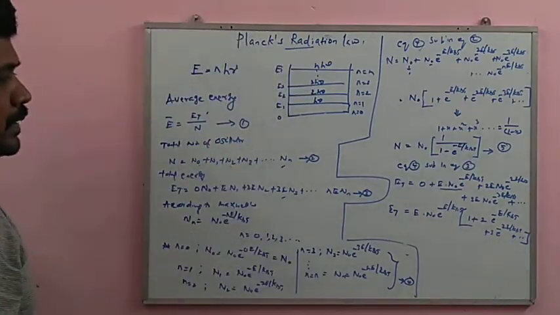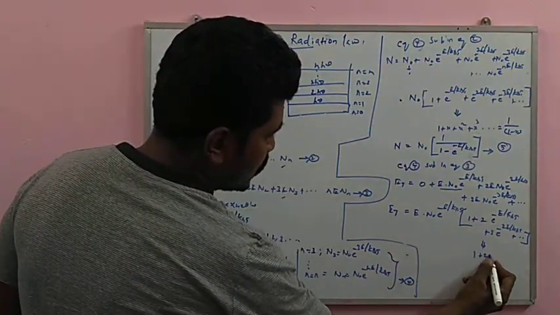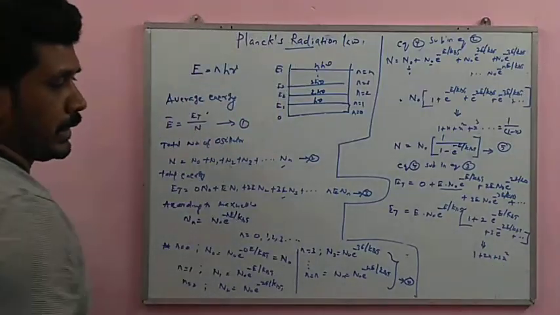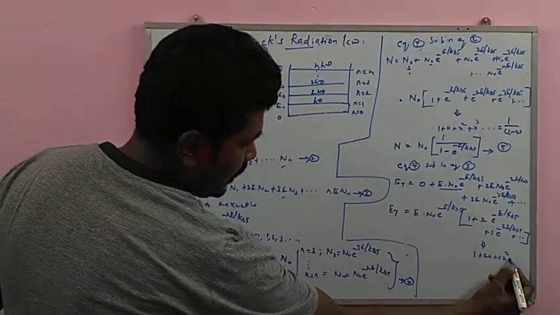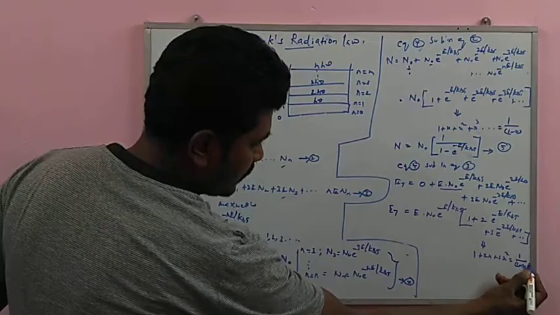You understand? It is the same mathematical form, 1 plus 2x plus 3x square. The output answer is 1 by 1 minus x whole square.